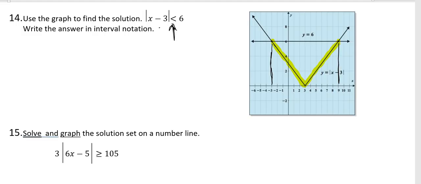You have to look at the sign. It says less than. Since it doesn't say less than or equal, it's going to be an open circle. Had it been a less than or equal, we would make it a closed circle. And then we know we want this area in here. So our answer will be -3 to 9, and it will be parentheses.